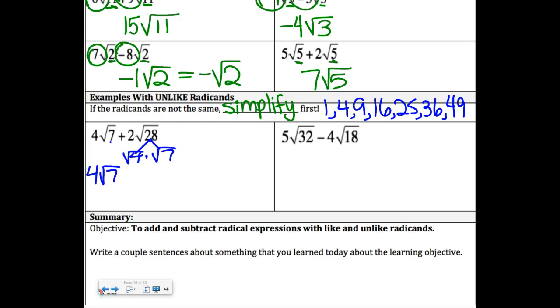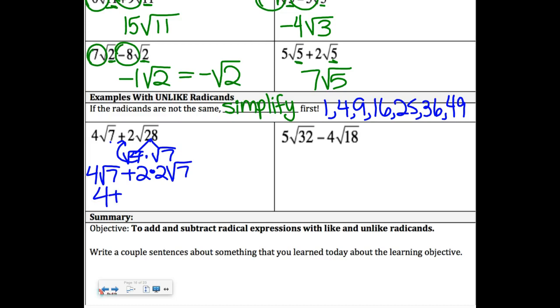Reminder, the square root of 4 is 2. Now I need everyone to notice we do have a 2 in front. So what we have here is 2 times 2, because that square root of 4 becomes 2, and we have that 2 out in front. Square root of 7, we can't do anything with that, so we're going to still have the square root of 7. We are going to have 2 times 2 here, so that will give us 4.